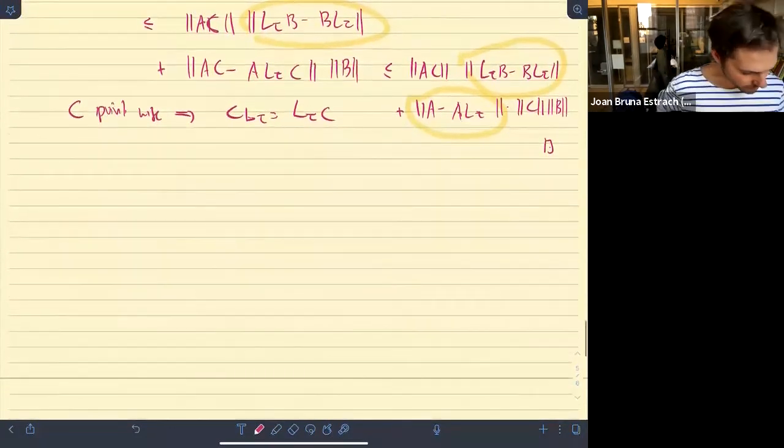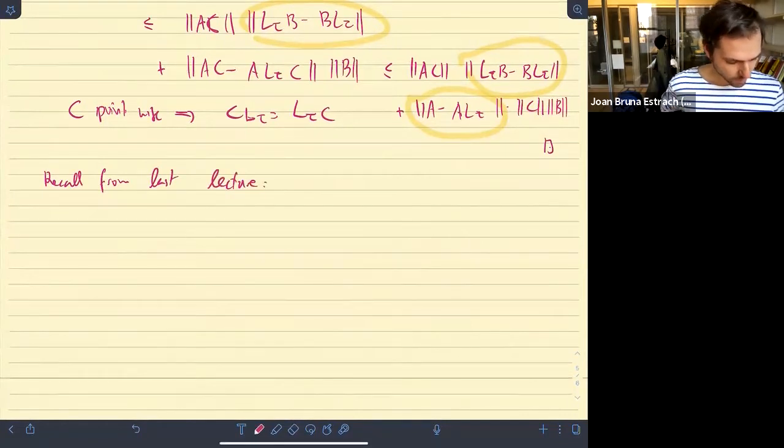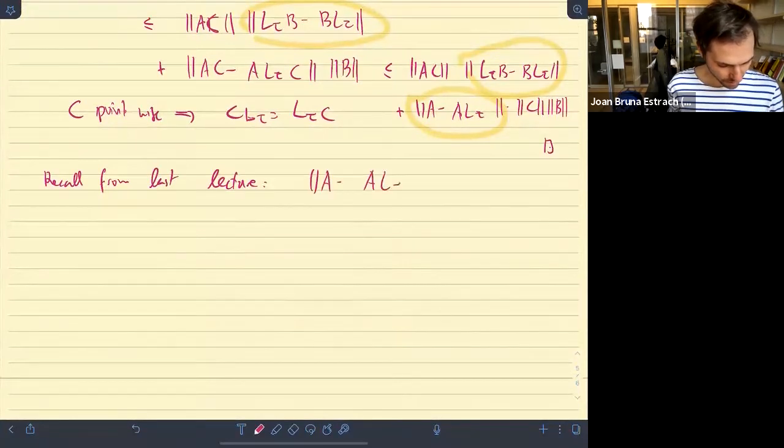So recall from last lecture, sorry, that we just saw that A minus A L tau was smaller than a bound from gamma tau, right?